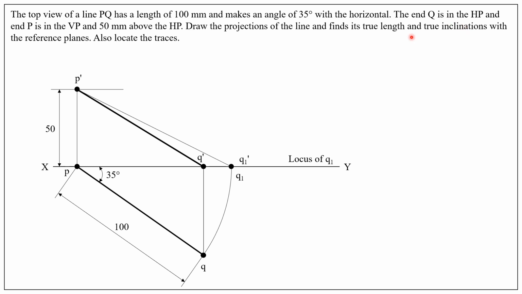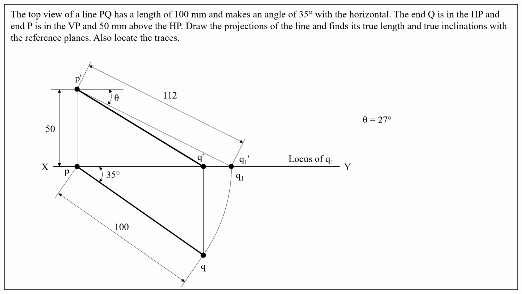So our aim is to find the true length of the line. So the true length on measurement between P dash and Q dash is obtained as 112. And the angle of inclination of this line with the horizontal is theta, the true angle of inclination, which on measurement gives a value of 27 degrees.